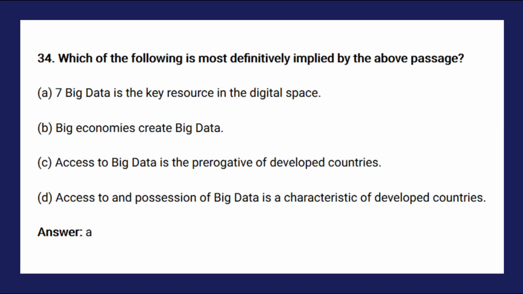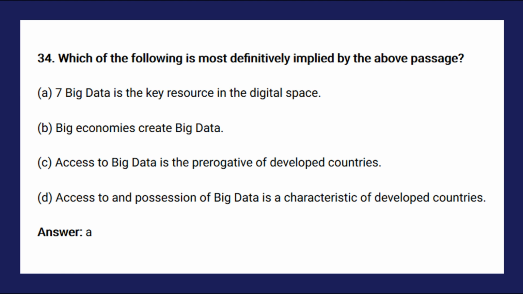Next, question 34. Which of the following is most definitively implied by the above passage? We are talking about the last passage which we just went through. Option A, big data is the key resource in the digital space. B, big economies create big data. C, access to big data is the prerogative of developed countries.